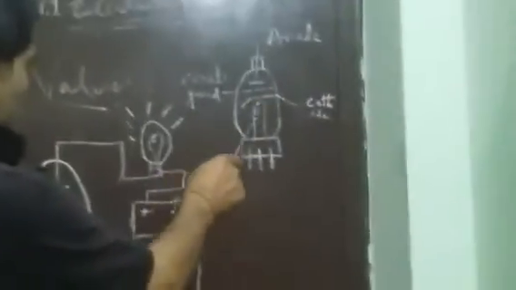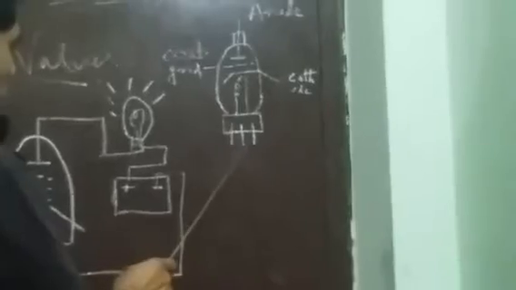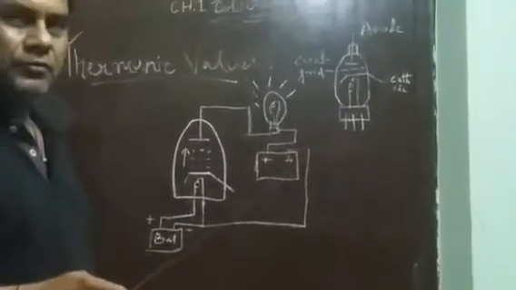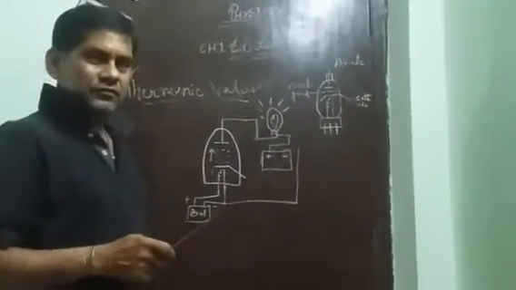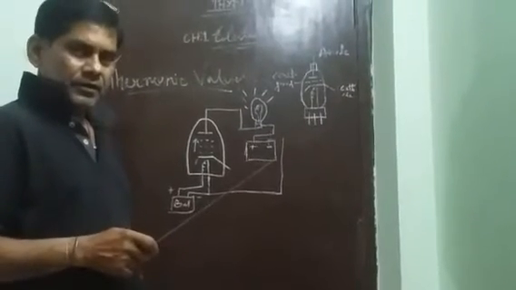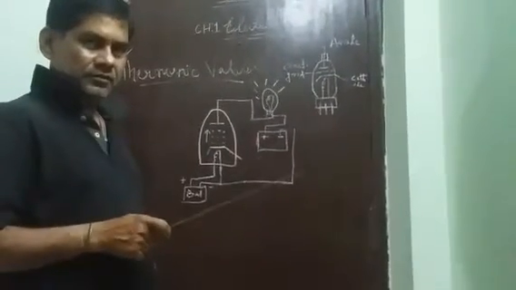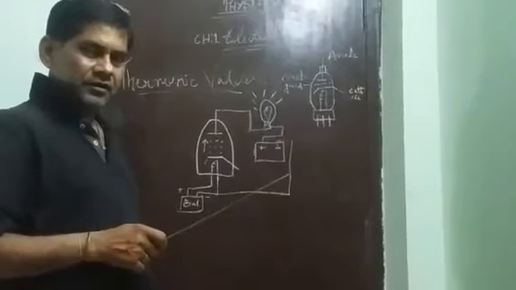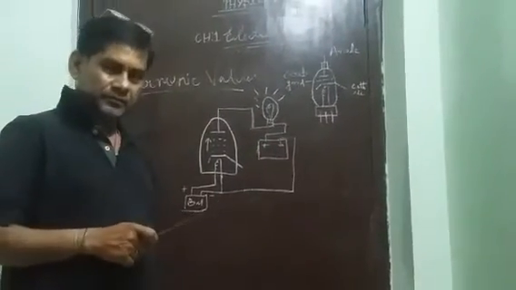Then I am going to explain some common parts in a valve, because the valve is considered to be the father of radio wave technology. It was first invented by Sir J. Ambrose Fleming.